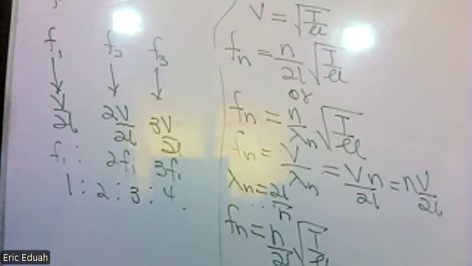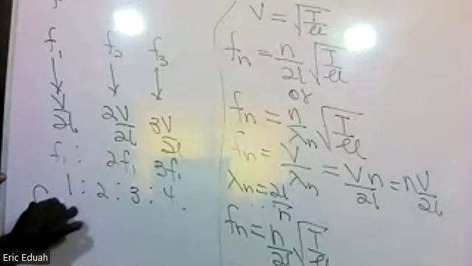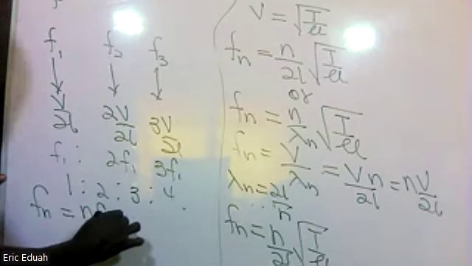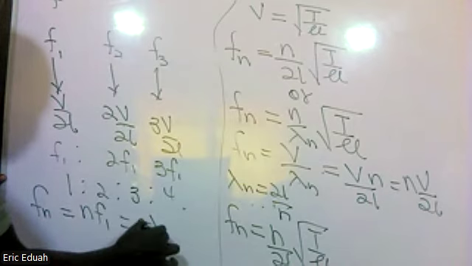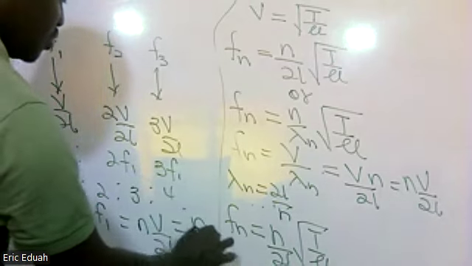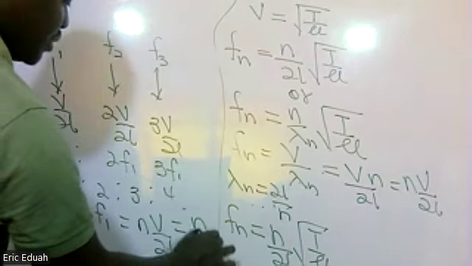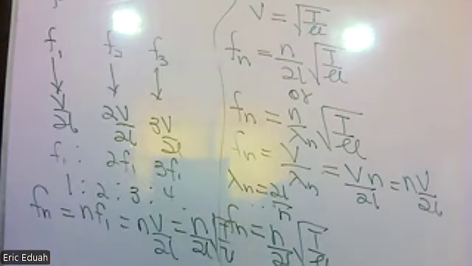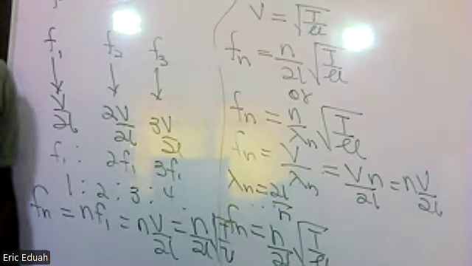So the nth frequency or nth harmonic Fn is equal to n times F1 or n times V on 2L, or n divided by 2L times the square root of T on mu.